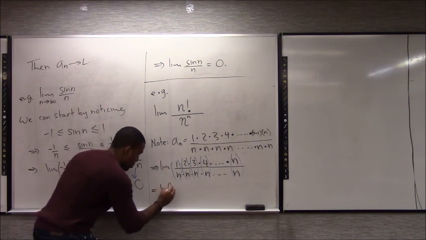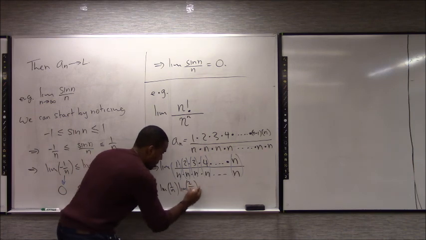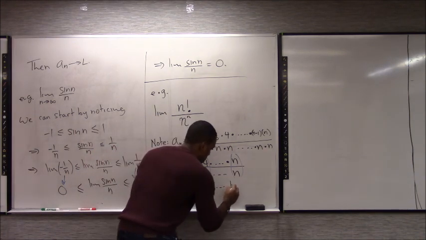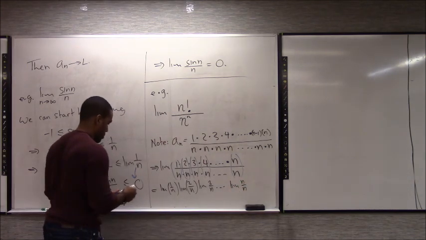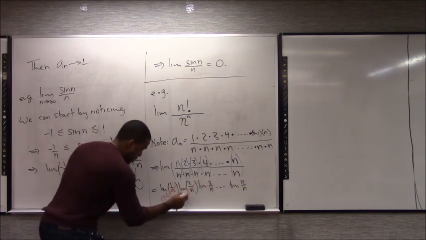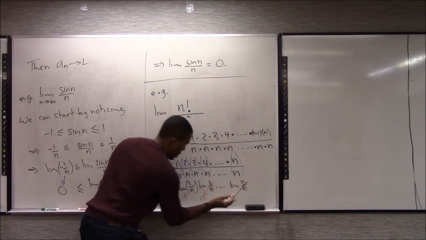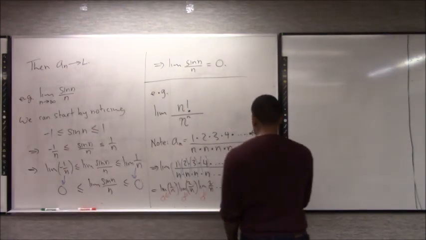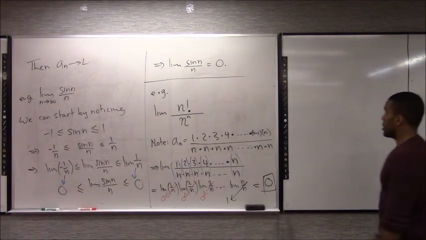So it's the limit of 1 over n times the limit of 2 over n times the limit of 3 over n times the limit of n over n. And this would go to 0, that would go to 0, that would go to 0, and this guy goes to 1. And so I just have 0 times 1, which is 0. So that actually approaches 0.